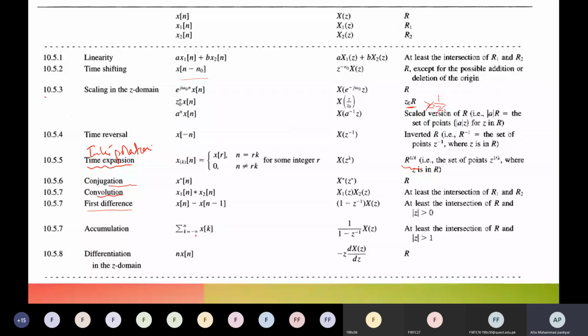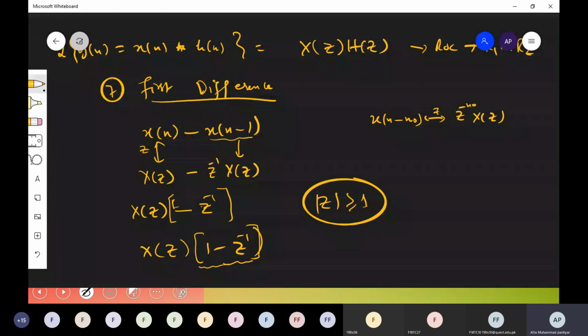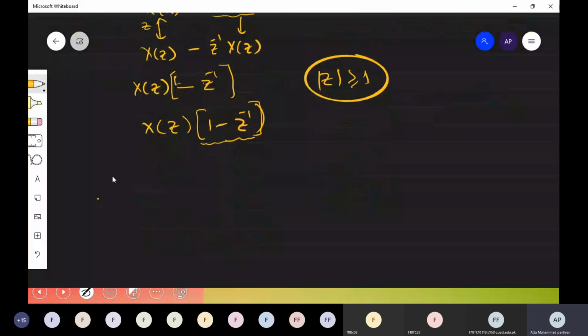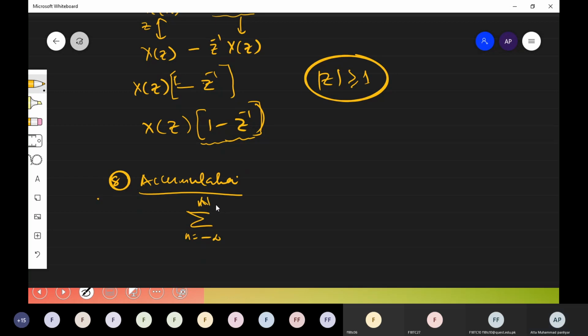Okay, so now the next property is accumulation. This is property number 8, accumulation. What does accumulation say? For example, if we have the signal sum over n from minus infinity to capital N, let's change the running variable.